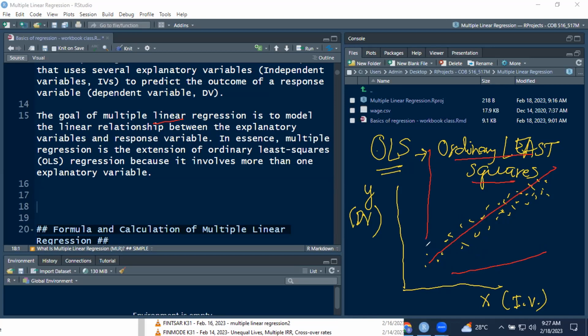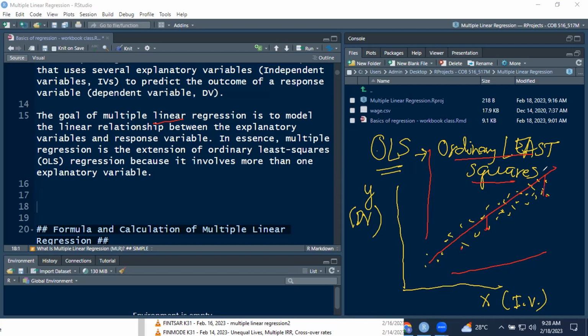And how is it done? We get this line and then we look at what we call the residuals. If this was our line, this is our actual point.